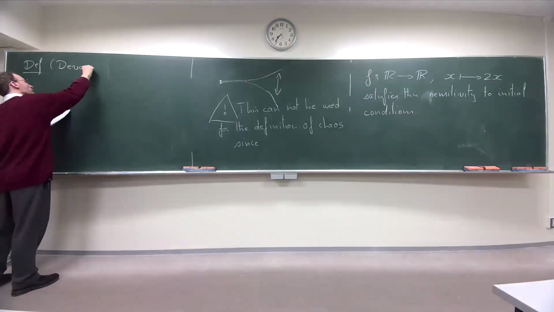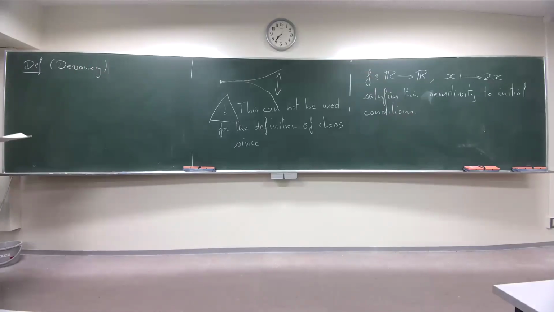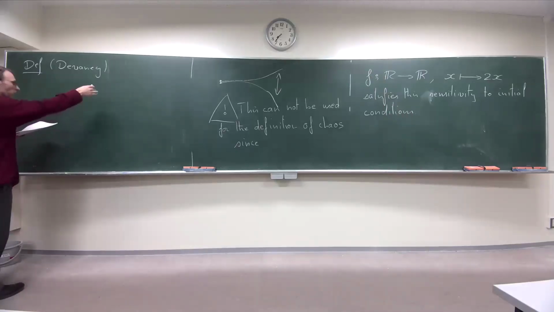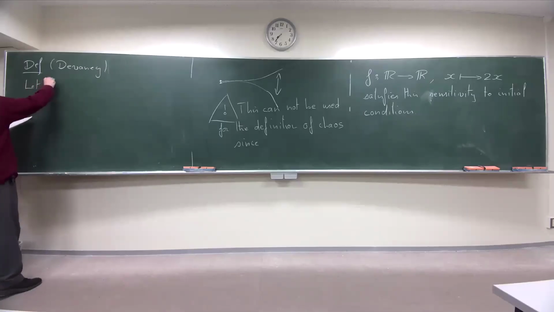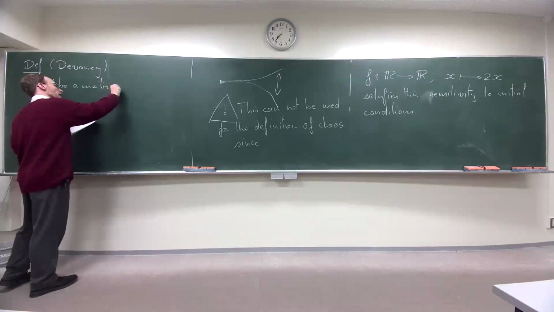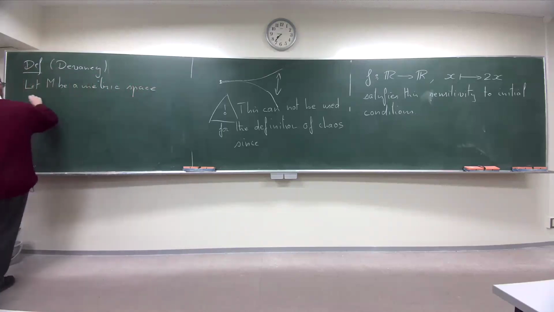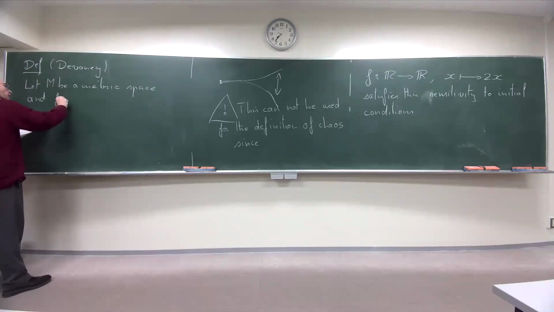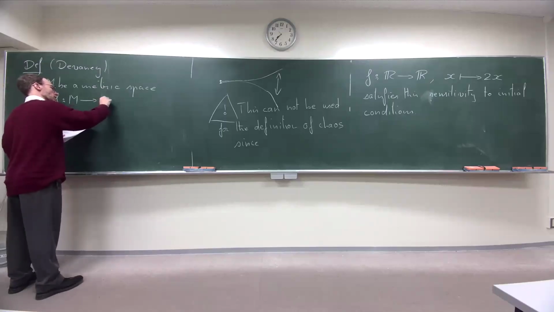There is one name which is attached to this definition because he didn't say exactly this, but he's the first guy who proposed essentially this definition. So let M be a metric space, and F from M to M continuous.